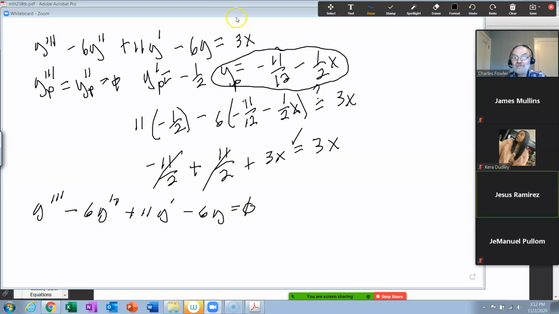Okay, that's the homogeneous part of this, and that would be called your complementary function.